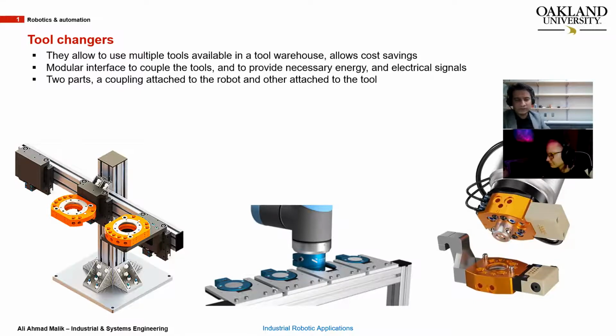Due to these features, they can be easily attached or detached, and hence they provide you the flexibility to use different types of tools or different types of grippers with the same robot.